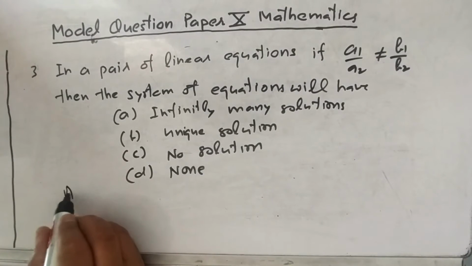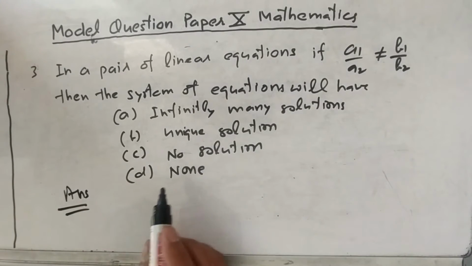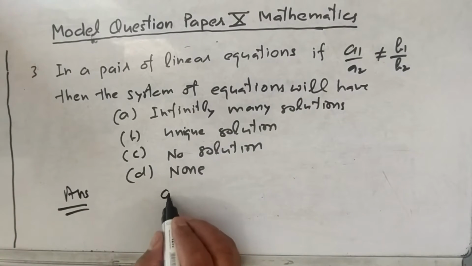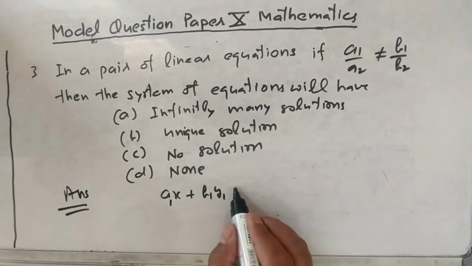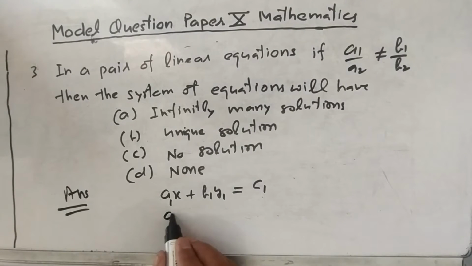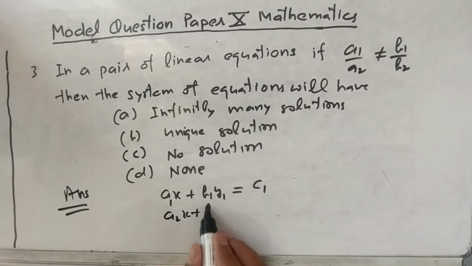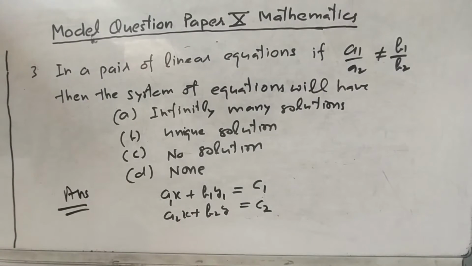See, answer to this question, suppose I have the system of linear equations like a1x plus b1y is equal to c1. So likewise, I have a2x plus b2y is equal to c2.